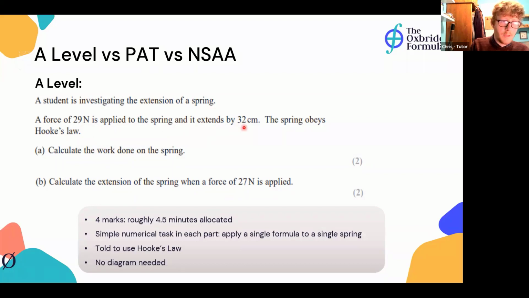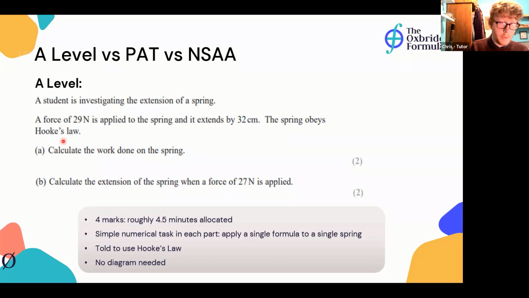And part B, you're asked to find the extension when force is changed to 27 newtons. So you're just given some numbers. You just have to apply a single formula, which is Hooke's law, and you're actually told it's Hooke's law. You have to remember what the formula actually is, but you're told what to use. And you don't really need to draw a picture or do any kind of working out what's going on apart from just doing the calculations.